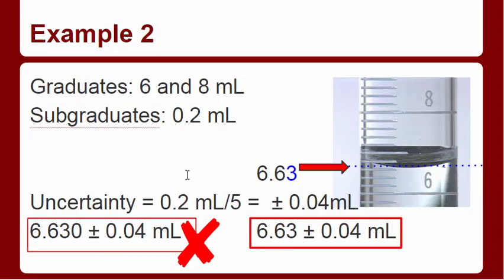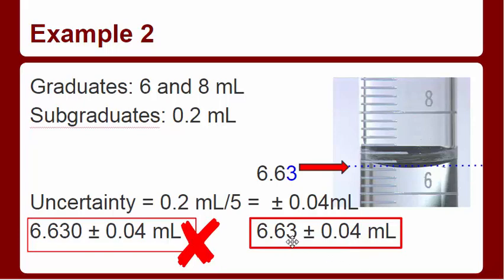Right. So for our uncertainty, we take our smallest interval, which is 0.2, and we divide that by 5, which gives us 0.04 milliliters. So our significant figures in this case, you see we have 2 decimal places after the decimal point, because we have 0.04.